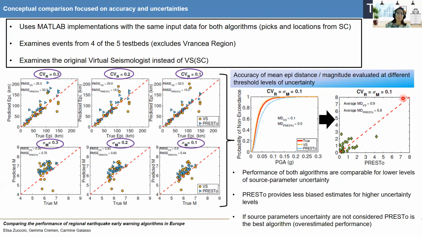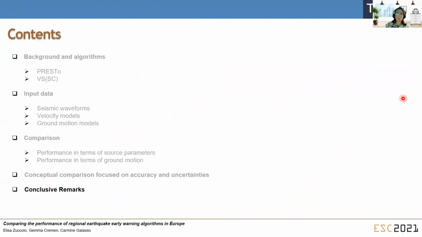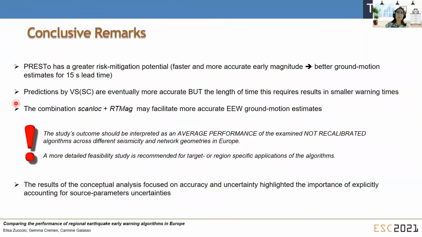However, we found out that the best performing algorithm in terms of ground shaking prediction depends on the uncertainties introduced by the underlying source measurements. To conclude, we concluded that PRESTo has a greater risk mitigation potential than VS in SeisComP in general.